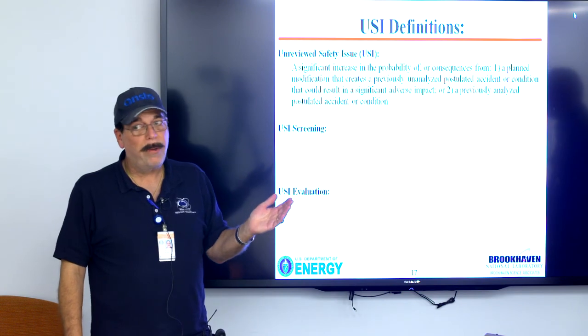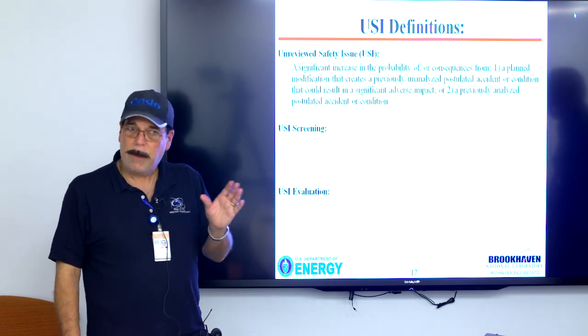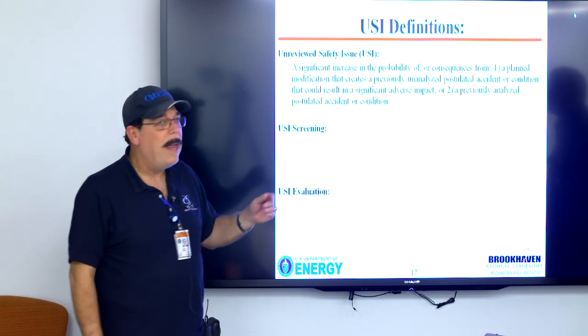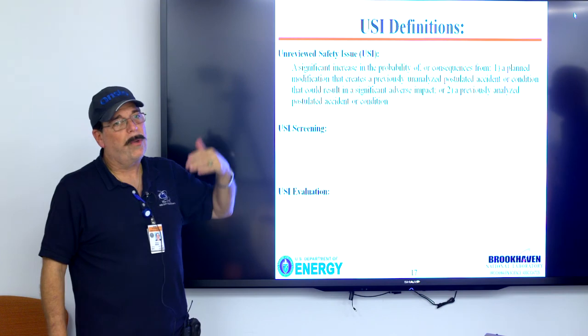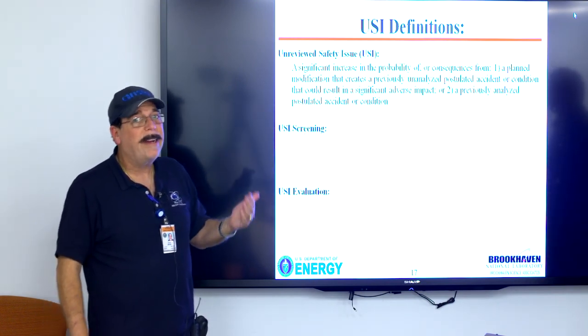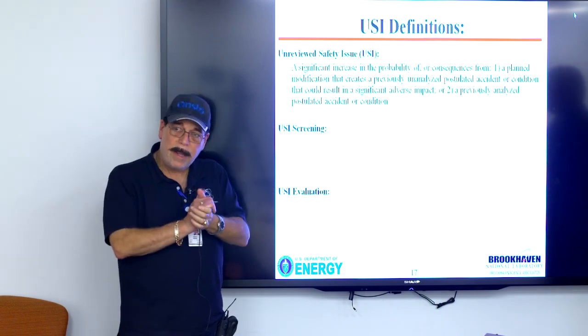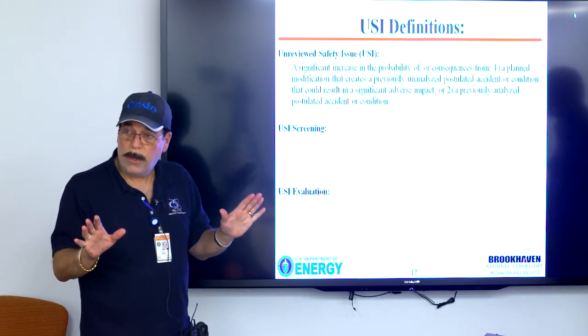If it passes the preliminary analysis, you don't have to do further analysis. But if for any reason it doesn't pass, that is to say, if the results are going to result in consequences, events, readings, or dose rates that exceed the accepted and established safety envelope, well, then you have 2 choices.